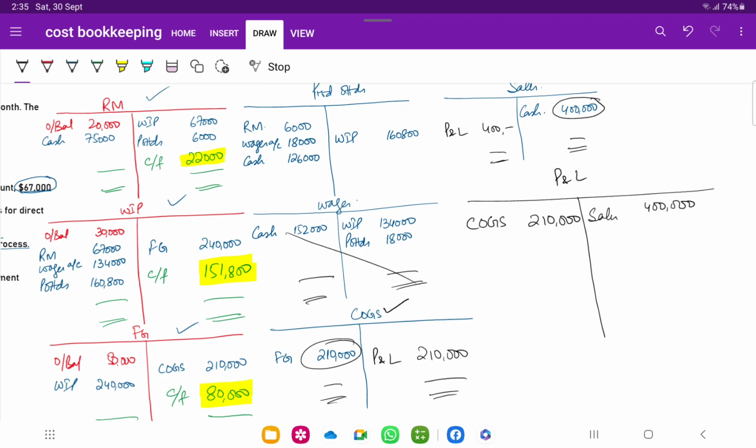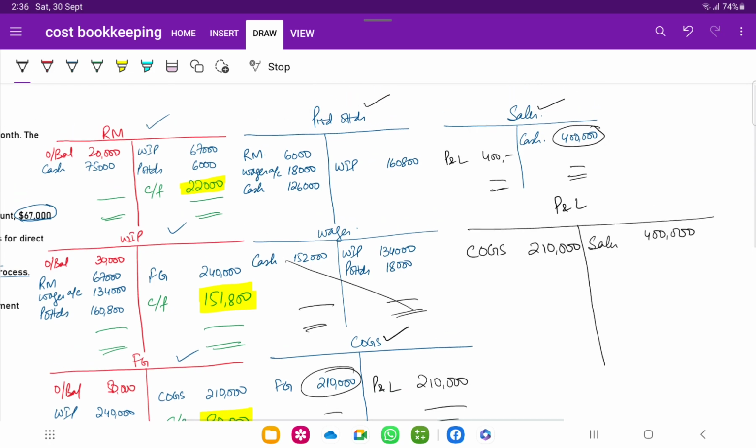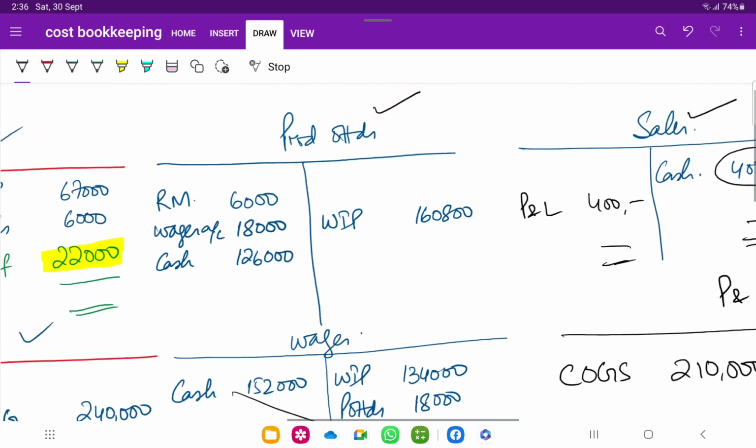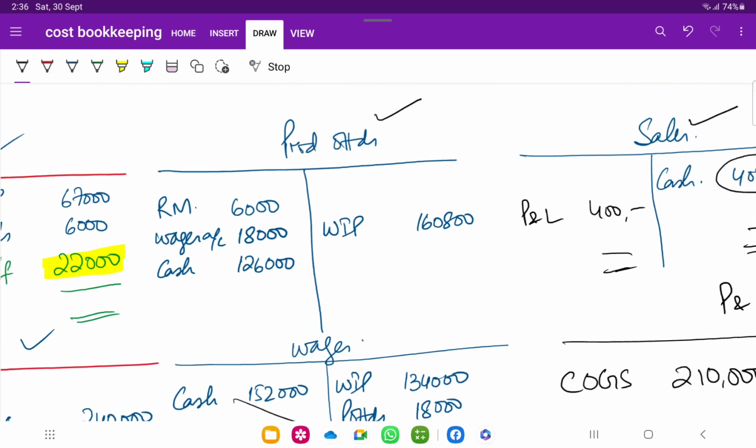Now the next thing which I am going to mark here is something we have not exactly studied till now, but again it's an important thing. Try to focus on the production overheads T account. This is really important.